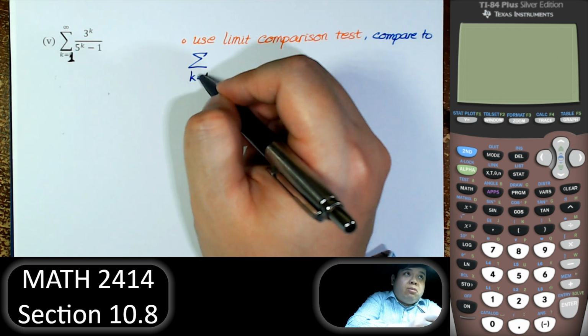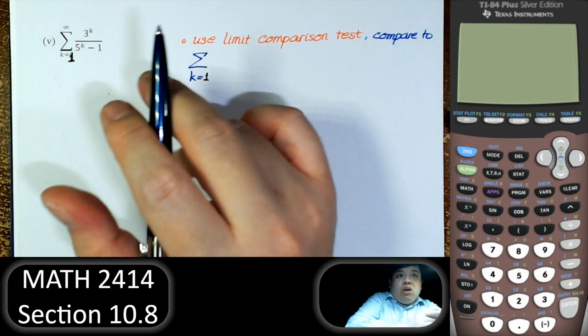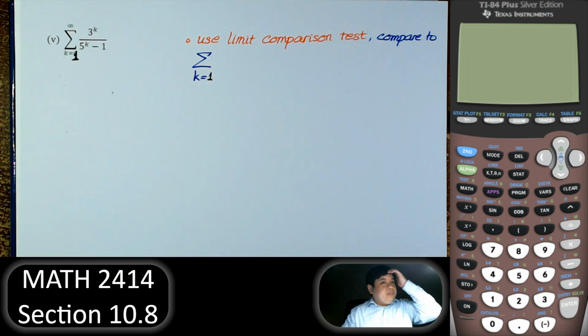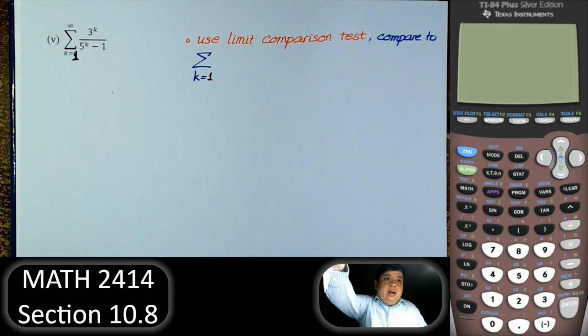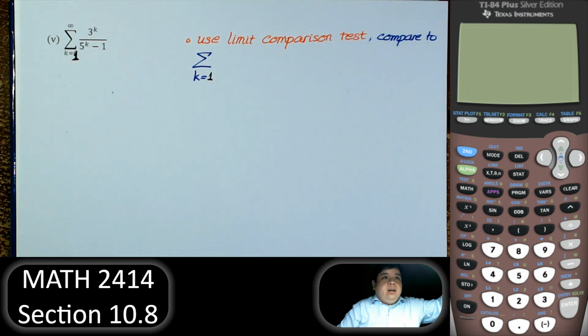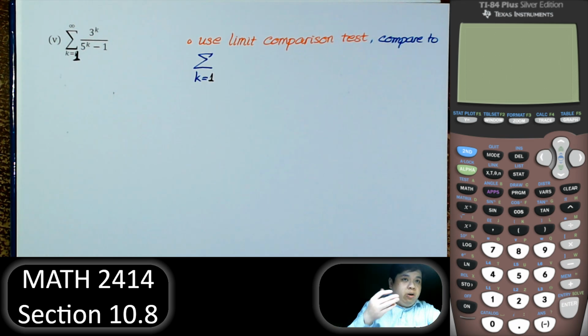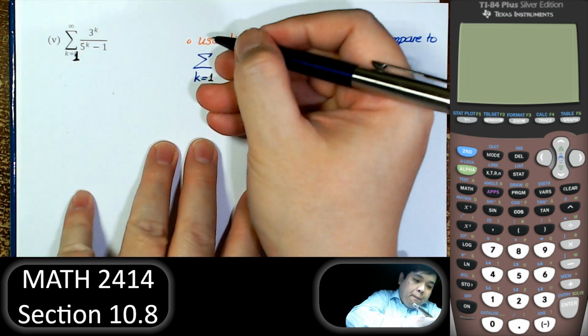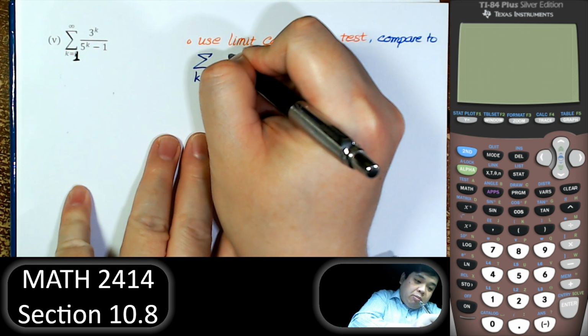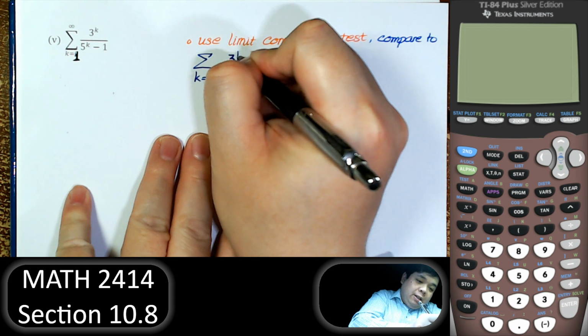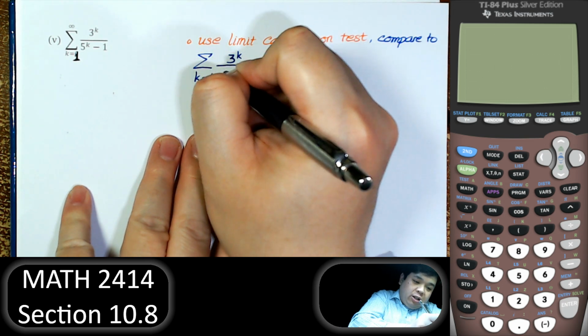Missing the first few terms does not change the convergence or divergence of the series. So adding or removing the first few terms, the series is still convergent or divergent. The values will change, but in terms of convergence or divergence, nothing will change.